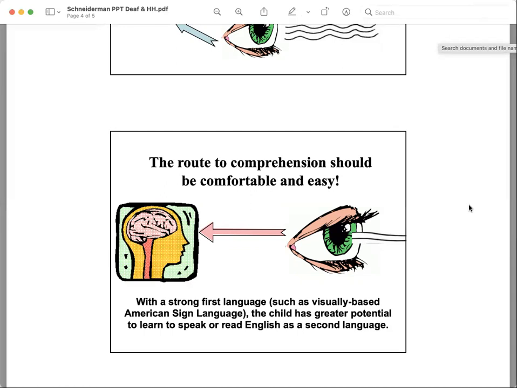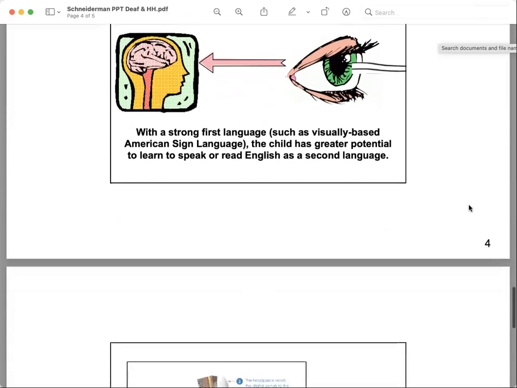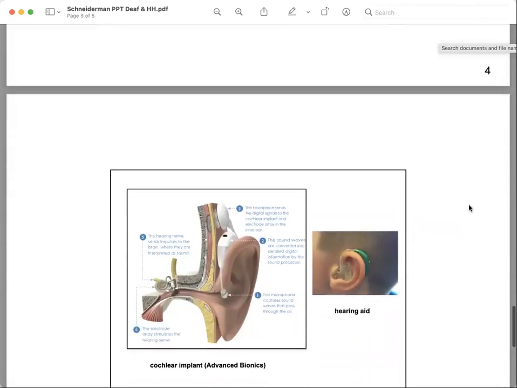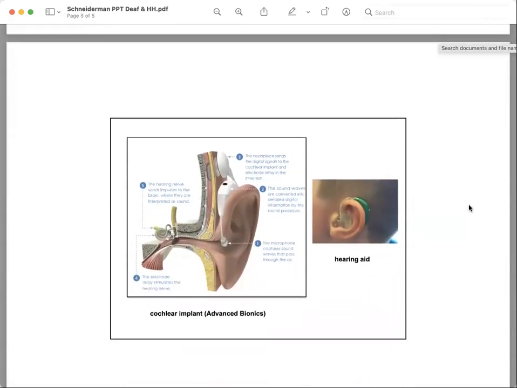And all auditory-based languages, whether English or Spanish or French or Italian or German, or any of them, are very linear in structure. Words arrive, and words arrive, and words arrive through the sound waves into the ear, and then they get processed through the brain. It's a perfect system for the ears if you're processing information through the ears.